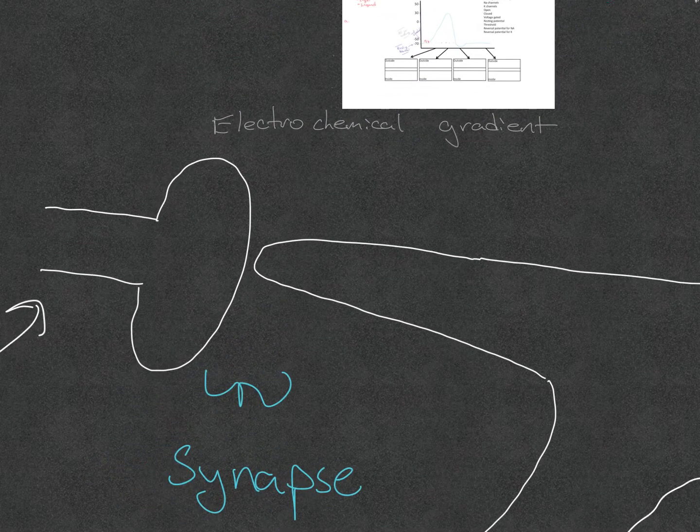Now, in this presynaptic neuron, before the synapse, you have vesicles, membranes created by this cell that have neurotransmitters inside them. They're not doing anything.